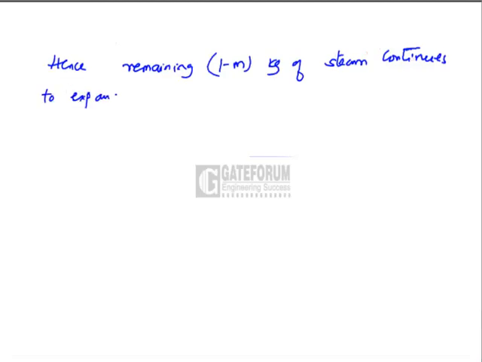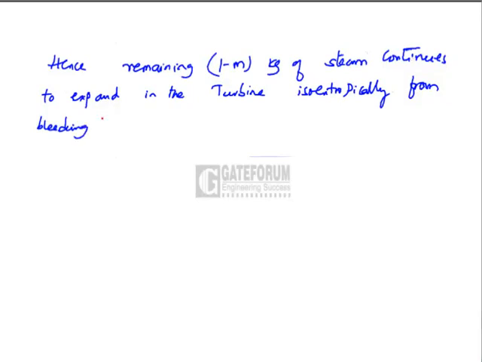Hence, remaining 1 minus m kg of steam continues to expand in the turbine isoentropically from bleeding pressure to condenser pressure, that is 2 to 3.